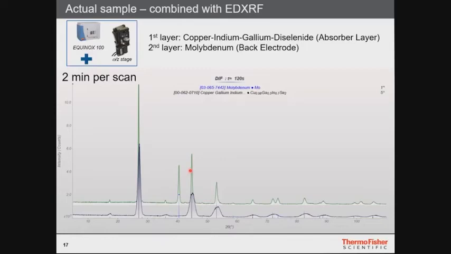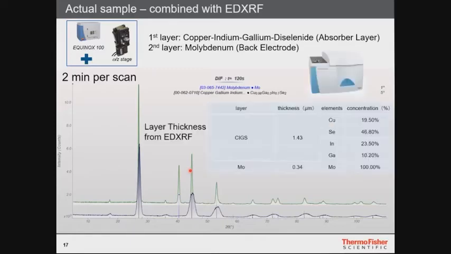We can nicely see that we get signals from both of these layers, and we can also measure the layer thickness using, in this case, our benchtop EDXRF machine. For molybdenum, we get 0.34 micrometer thickness, which is nicely in the range for this type of material. And for the absorber layer, CIGS, we get 1.43, which is also quite a common number. So it looks very nice, and it's quite convenient to use this method.